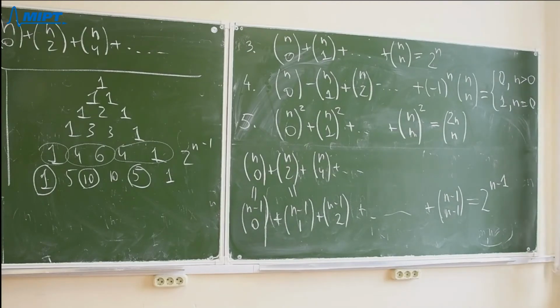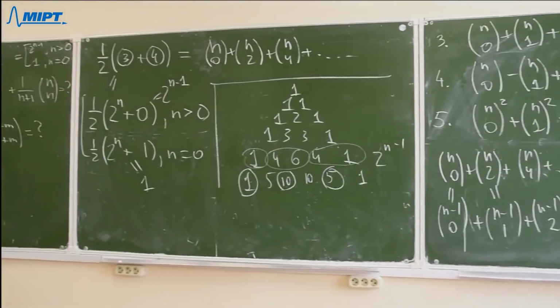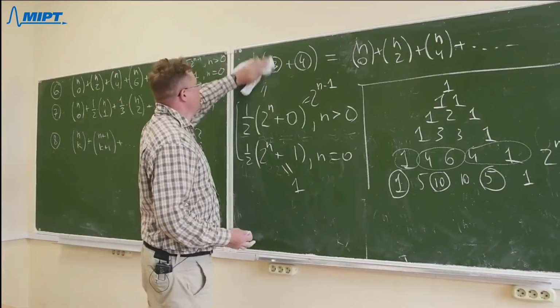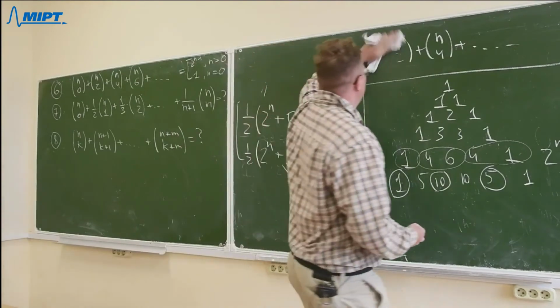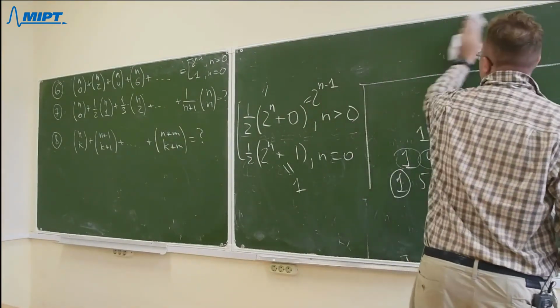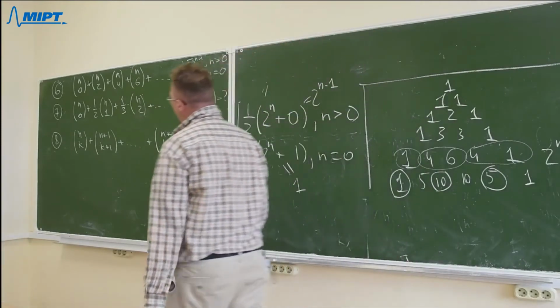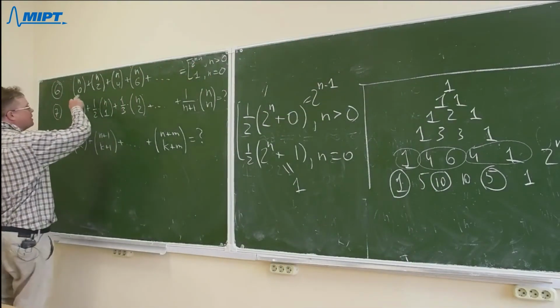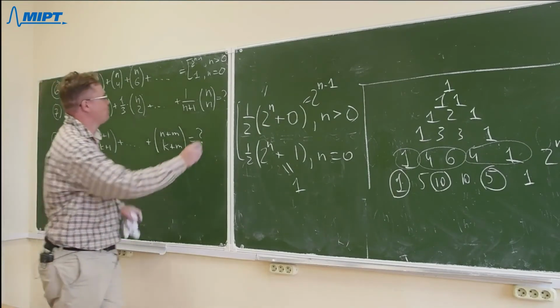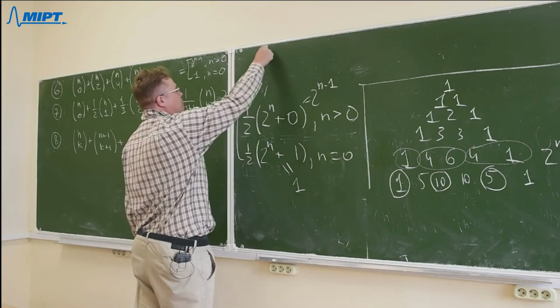Actually, an interesting formula would be if you look not at the even numbers, but only at the numbers divisible by 3, 4, and so on. But I think this may be difficult for you.